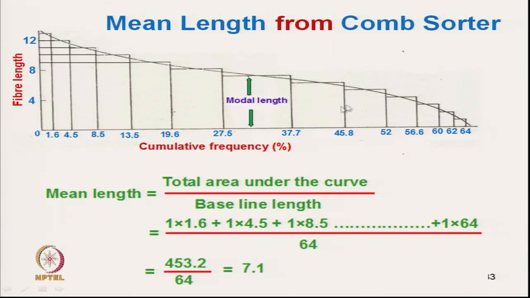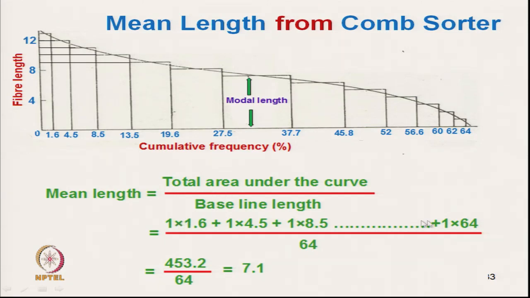Okay. Now, here the area of the first rectangle is 1 into 1.6. Similarly, area of the second rectangle, height is 1 and width is 4.5. So, second rectangle, third rectangle, fourth, in this way we will go. Everywhere the height is always 1 unit.